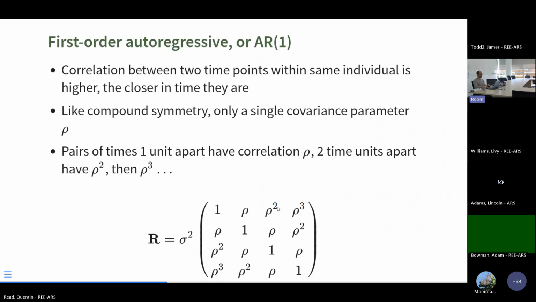Or you could do first order autoregressive and estimate one parameter, but allow the correlation to go down as two time points get further and further apart. And this also works for space. You can do AR1 in space, and as points get further apart in space, the correlation would go down. All this stuff works for space as well as time.